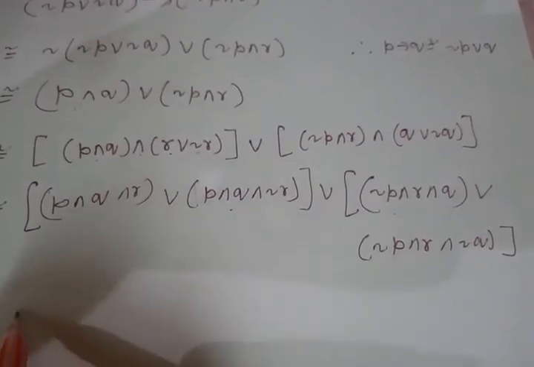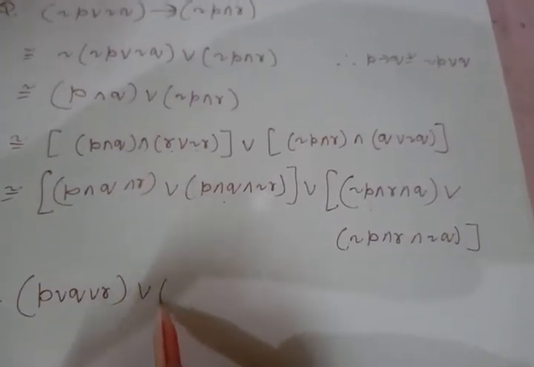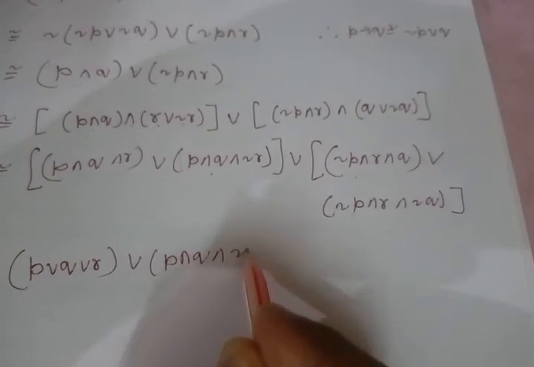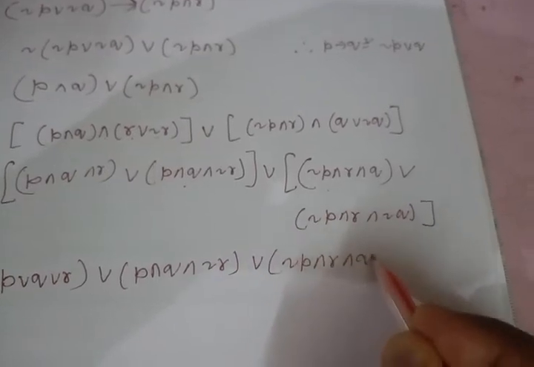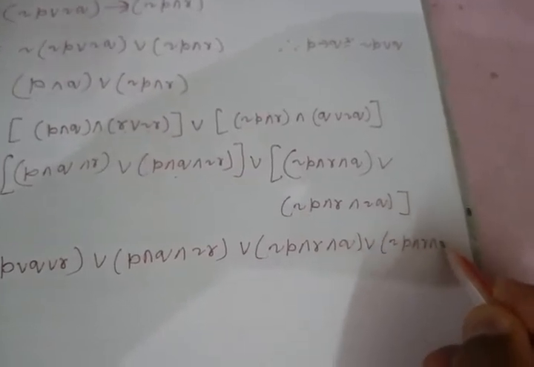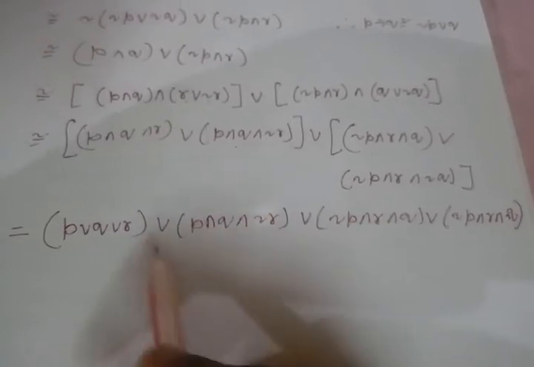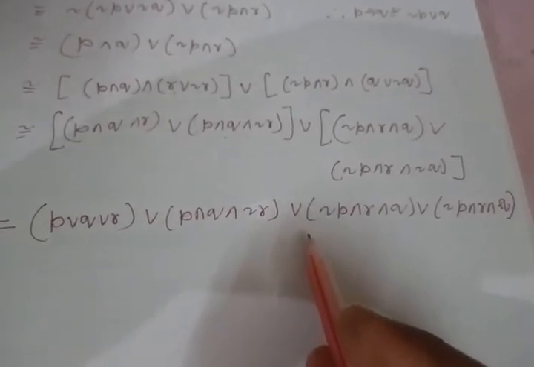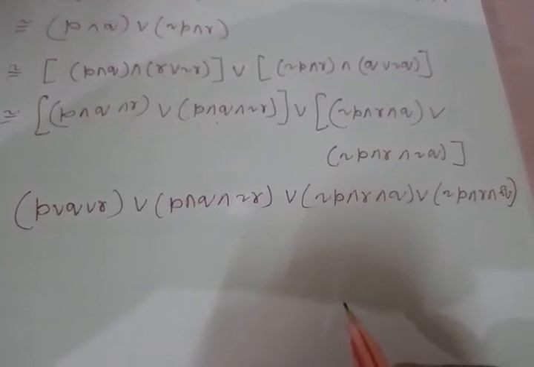So on removing all the brackets, we get the compound statement like this: P conjunction Q conjunction R, or P conjunction Q conjunction negation of R, or negation of P conjunction R conjunction Q, or negation of P conjunction R conjunction negation of Q. All four compound statements are attached to each other by disjunction, inside the brackets they are attached with conjunction, and each bracket contains all three propositions in different forms.